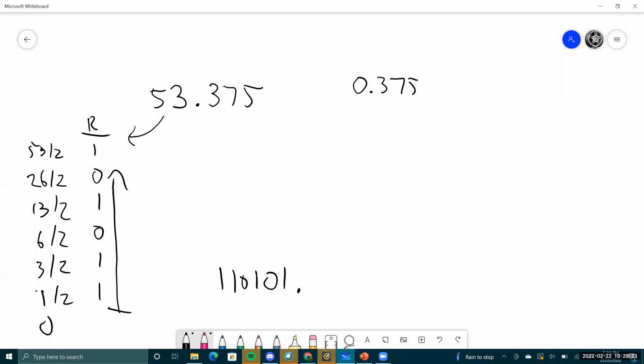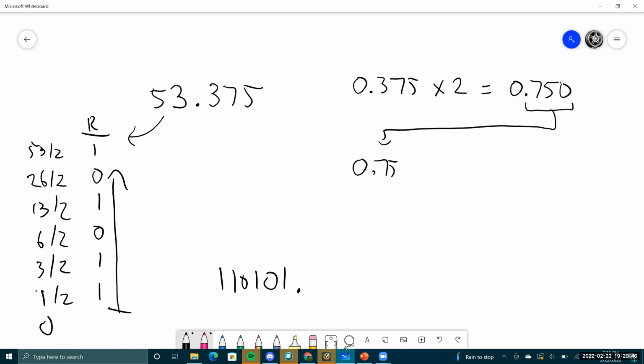And what you do is, instead of dividing by 2, you multiply by the number base. All right. So you multiply by the number base. 0.375 would be, say, 0.750. Okay, and then what you do is you just take just the fraction and you keep multiplying the fraction by 2.